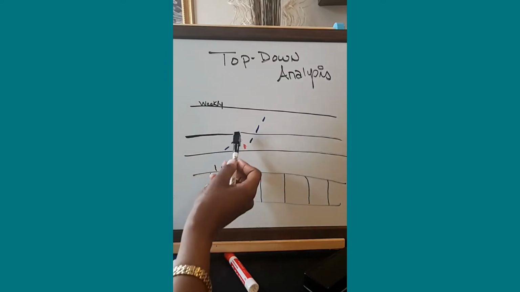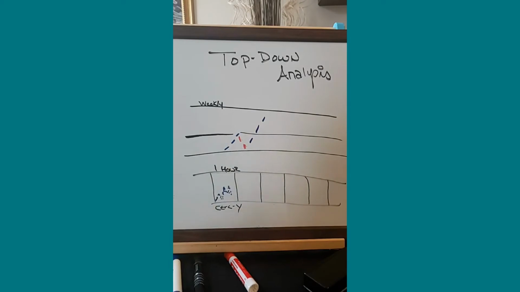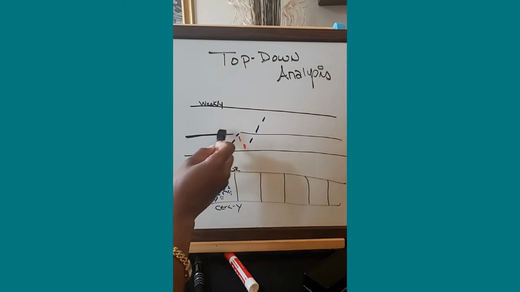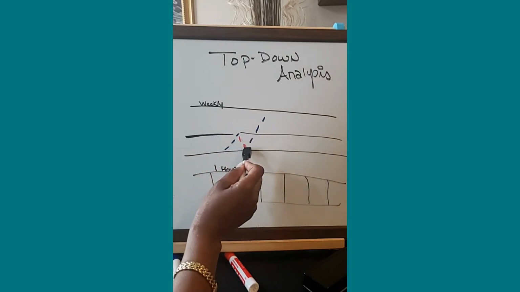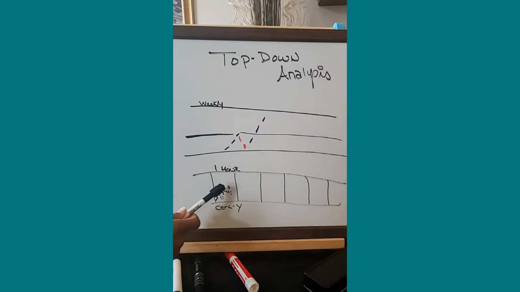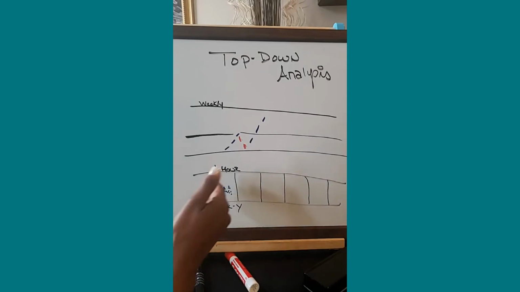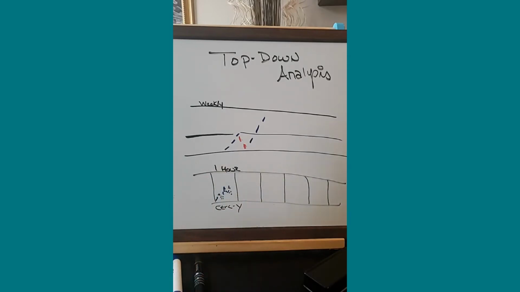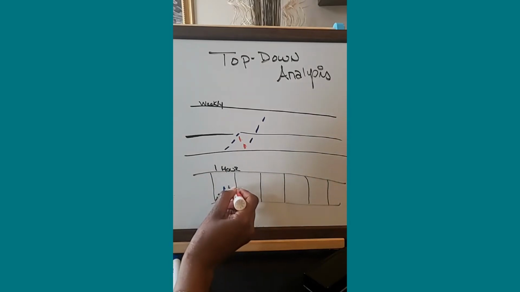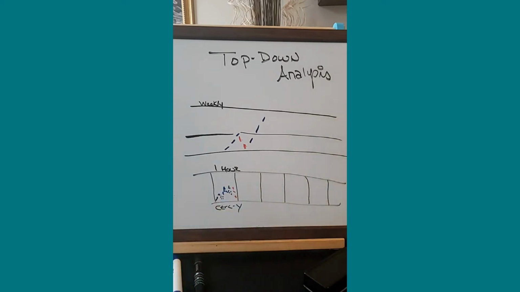However, if I look at my weekly and I see that my bearish candle has begun to form and it's at a resistance level, it's telling me that it's probably going to pull back. So I need to be careful, because even though I've been riding this trend, if I begin to see bears enter, I need to know why.